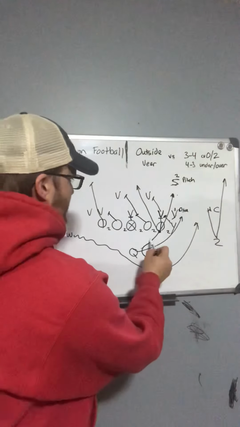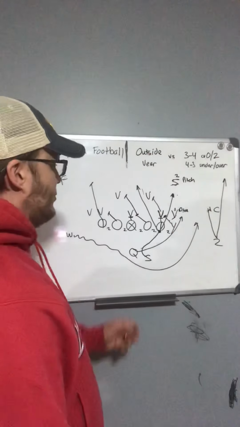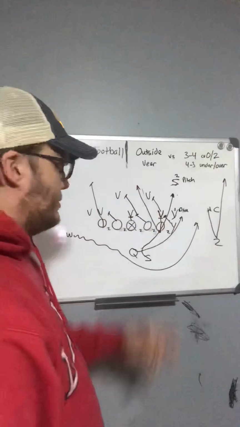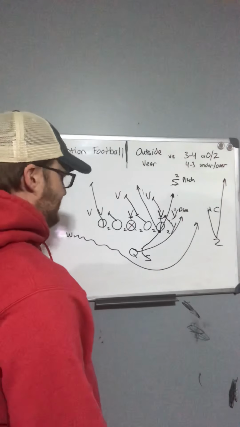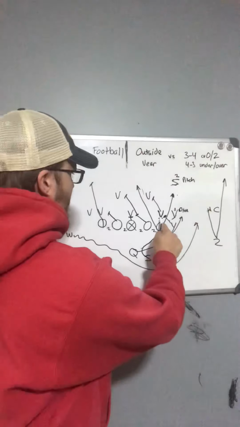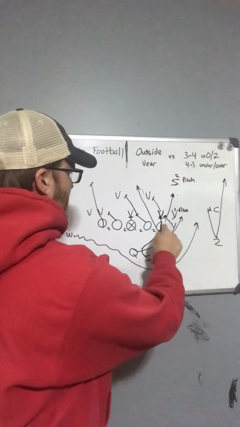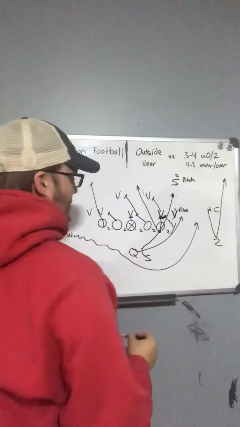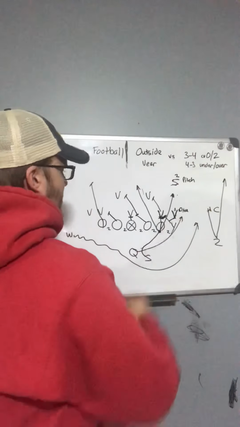Some guys are like, well, just run it up in there. Well, we've been running it up in there with inside veer and midline. We want to play to the outside, and this gives us an opportunity to control this guy some more. You don't get a double team on him, just leave this guy alone and let him come down hard.